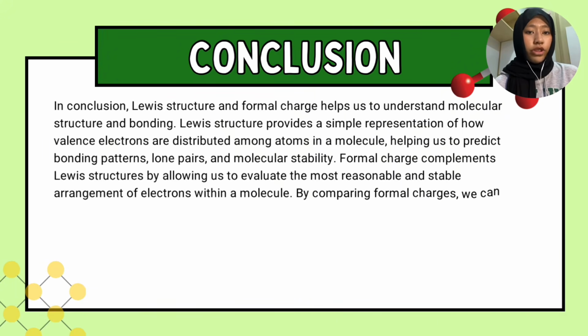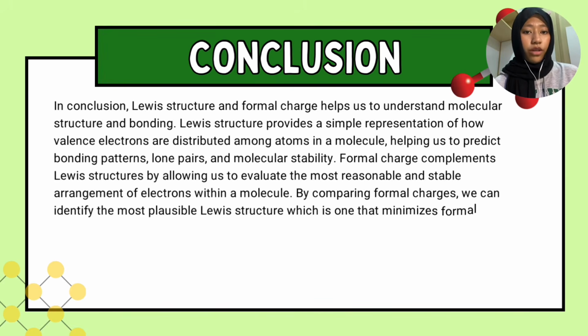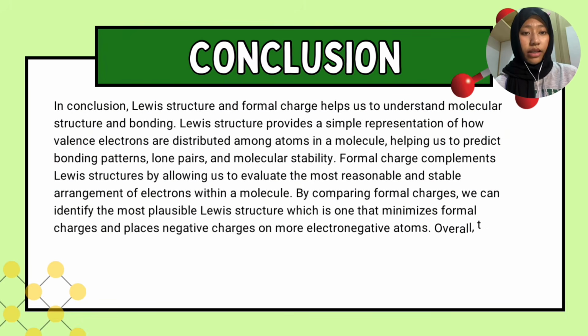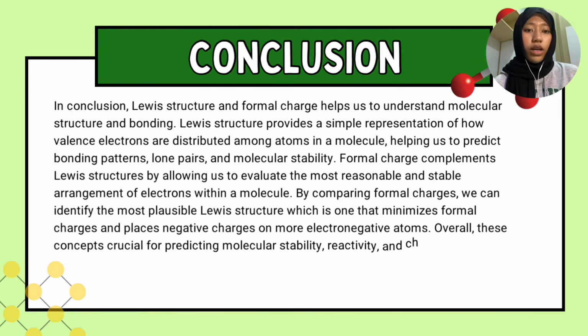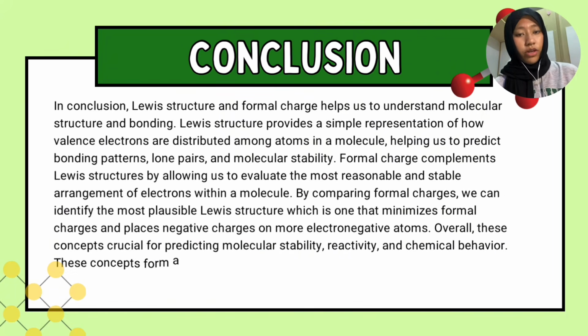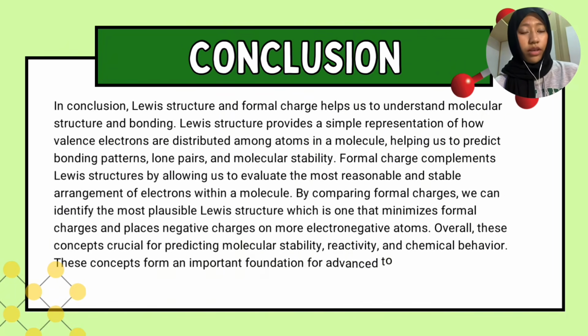By comparing the formal charges, we can identify the most plausible Lewis structure representing the molecule, which is one that minimizes the formal charges and places negative charges on more electronegative atoms. Overall, these concepts are crucial for predicting molecular stability, reactivity, and chemical behavior. These concepts form an important foundation for advanced topics in chemistry.